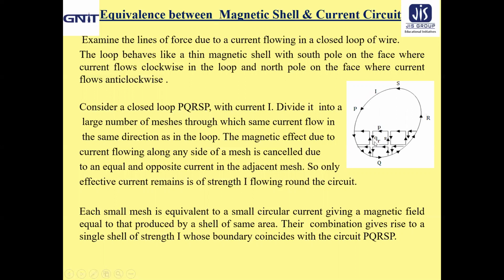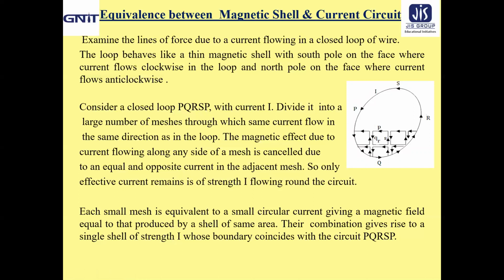Definitely, the magnetic effect due to the current flowing along any side of any mesh, say PQRS, will be exactly cancelled by the current flowing in the adjacent mesh but in the opposite direction.